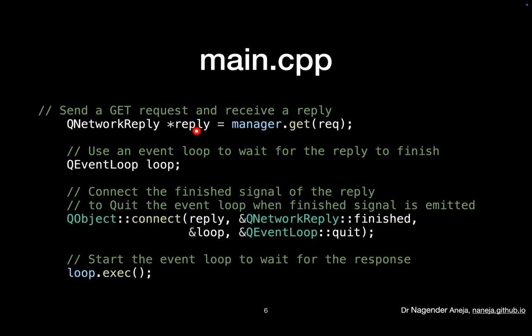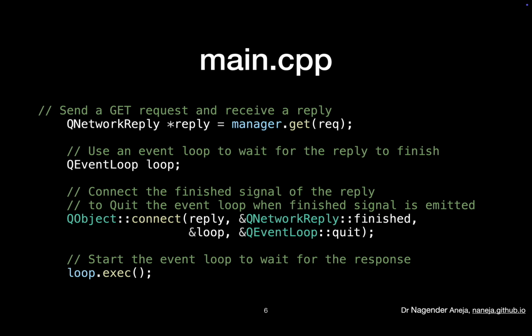So the finished function of the reply is acting as a signal, and the loop is another object, and this one is quit. So quit is something which is the slot. So we're saying that this reply finished is connected with the loop quit, right? So when the reply's finished signal is emitted, the loop will quit.